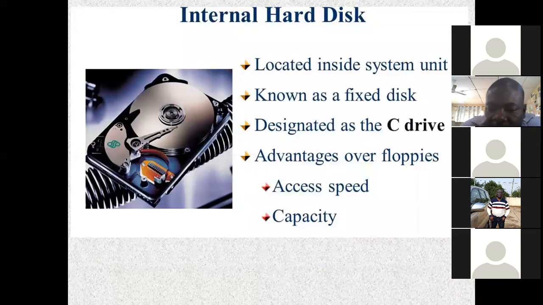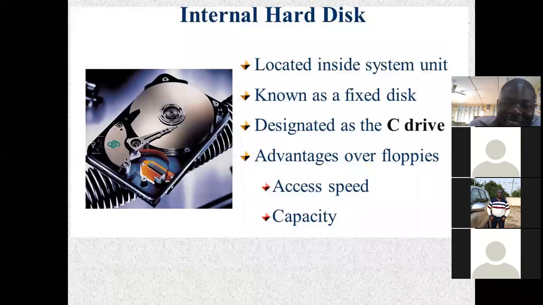So this is drive C. So what is a drive letter? Are you all here? Yes. Okay, so what can you say about drive letters? Drive C.